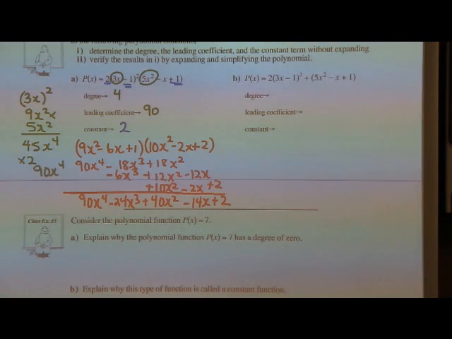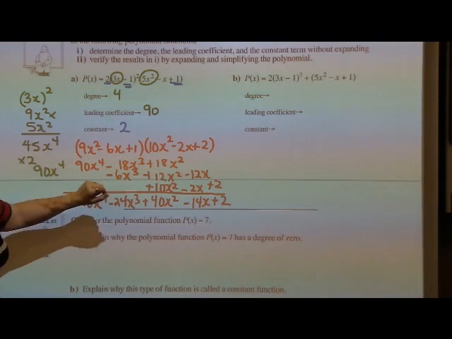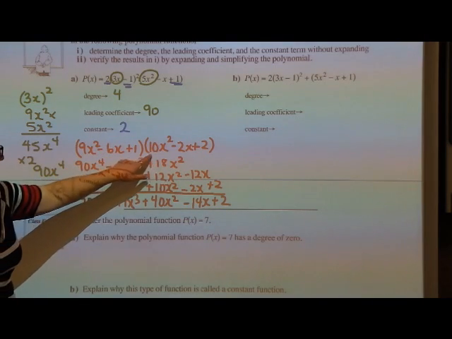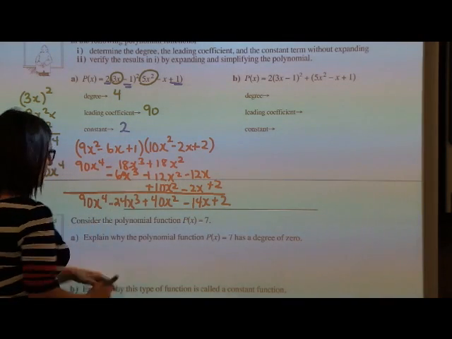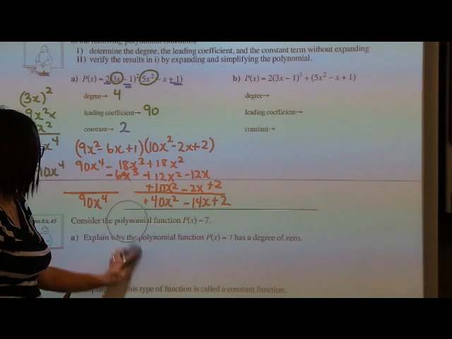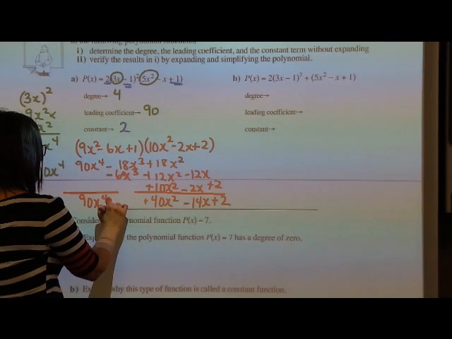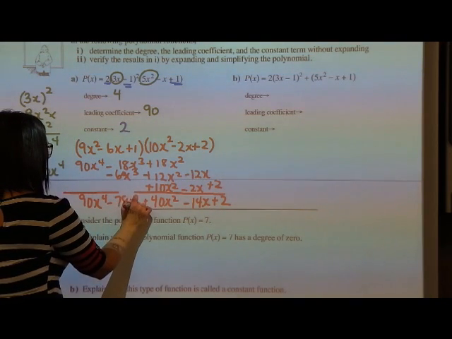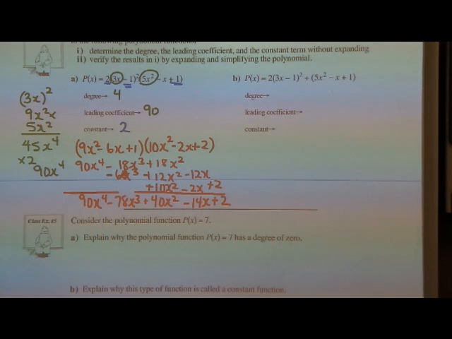I got everything except I got -78x cubed. I don't know how. So I get 90, 18, oh right here, 60. There we go. So yeah, -78x cubed. 60x cubed minus 10.